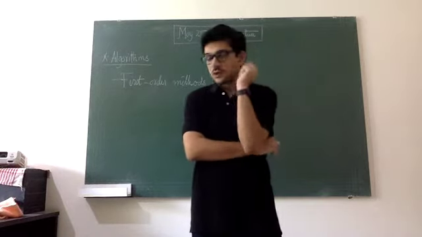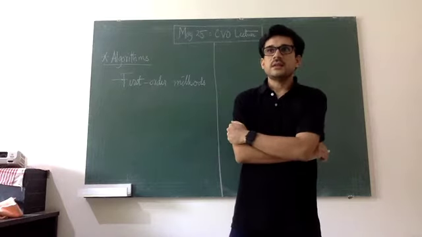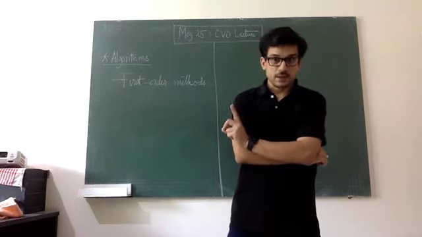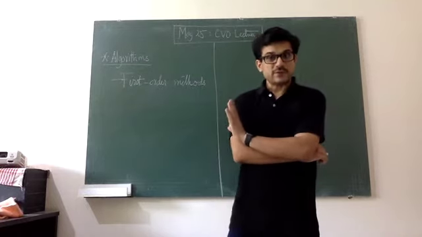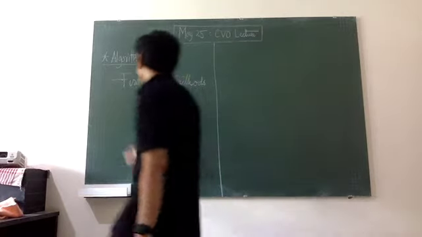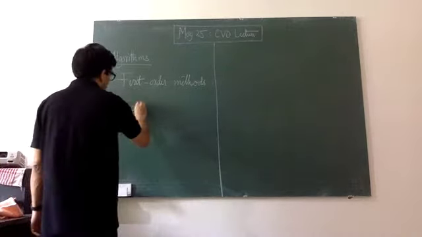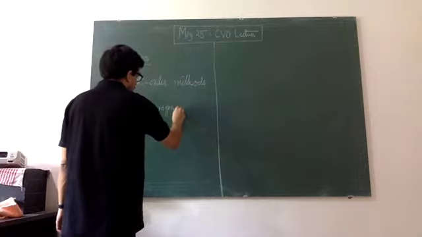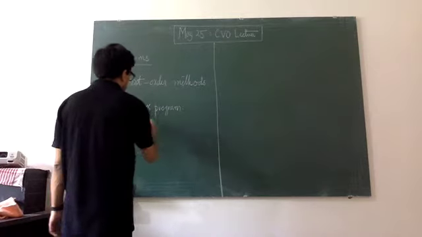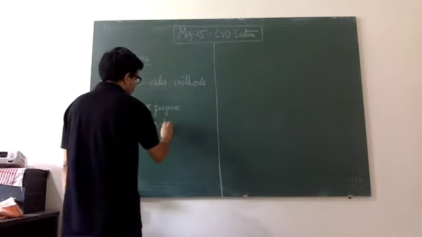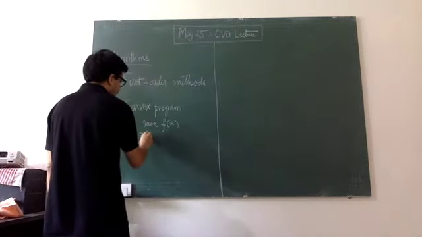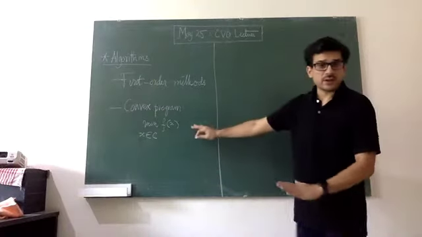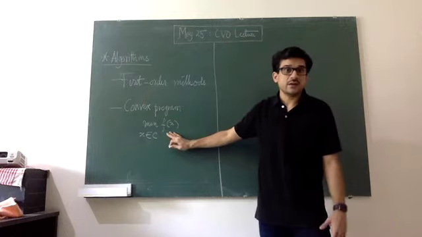In fact, let me go on record to tell you that there are convex optimization problems which, surprisingly, are NP hard. Let me repeat. For example, you know what a convex program is, right? C is a convex subset of Rn, and F is a convex function.